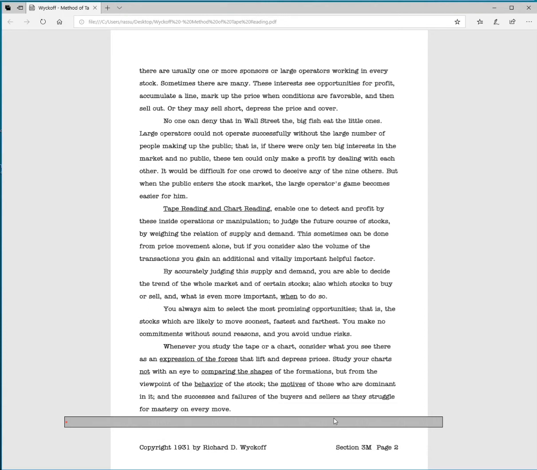You're trying to judge at another higher level what are the motives behind the move down or the move up. Is it real? Is it a false move? Is it a shakeout? Is it a stop run? So that's the behavior and motive part. And then what you want to see is success and failures.